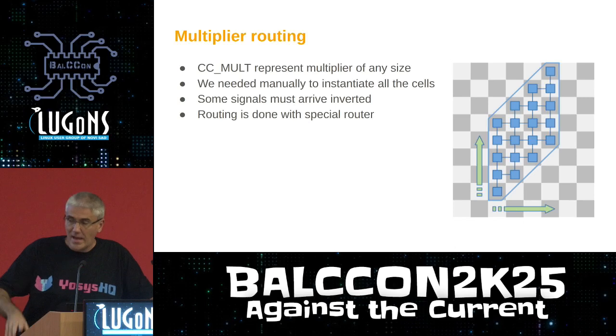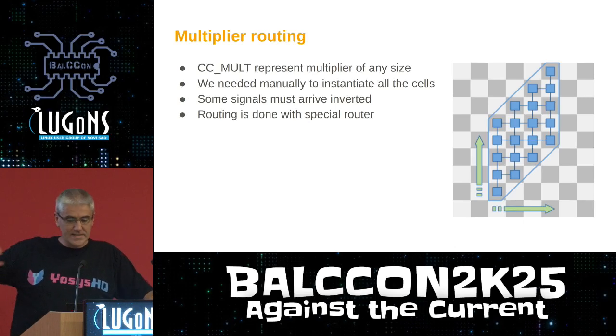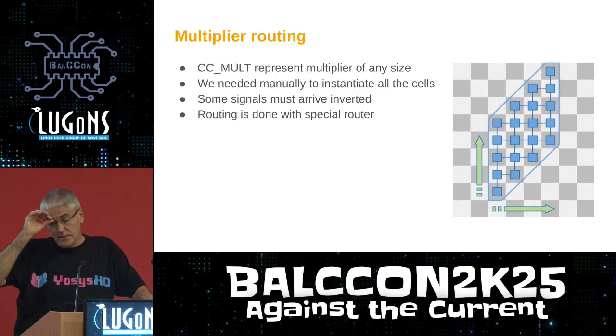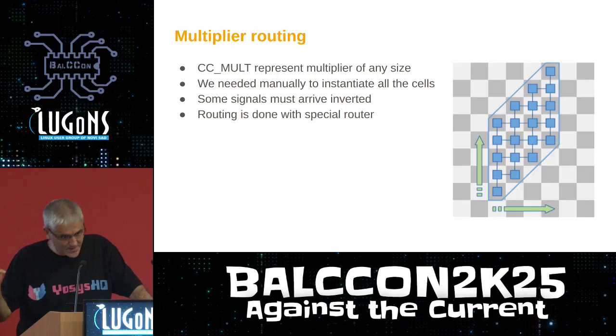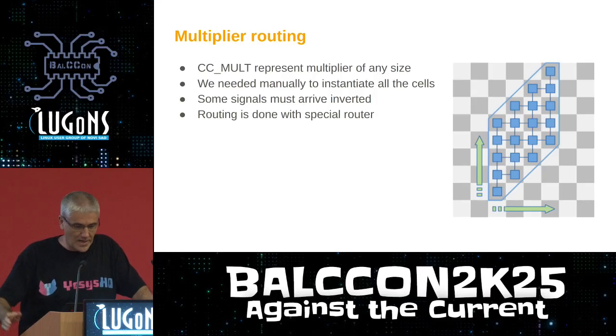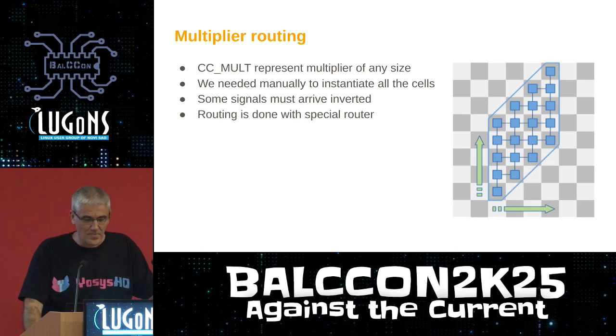That placer will manually generate all the cells that are needed to implement that multiplier, constrain them to be on exactly the needed locations, and also route the signal through the desired paths, because of course some are inverted and some are not. In this case you need to use inverted ones for connecting to the next level, otherwise you will have completely wrong logic.